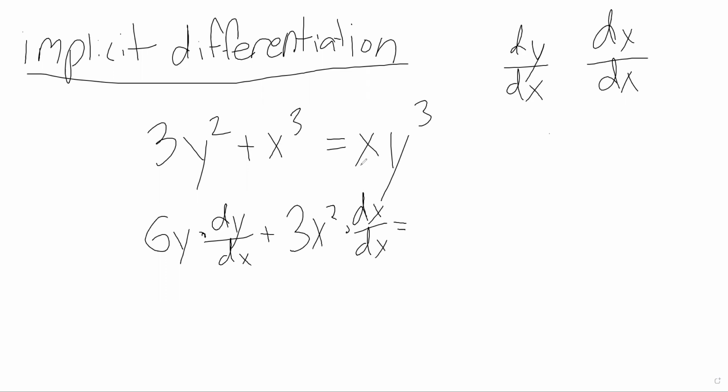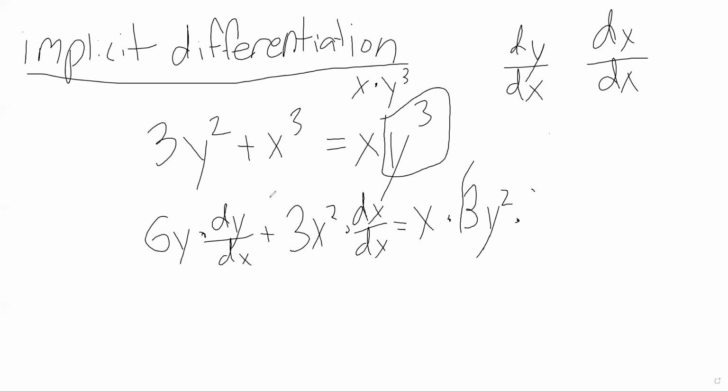So now what are we going to do here where it's xy cubed? Well, you see that that's actually x times y cubed, and that's just a product rule. So we have our first times the derivative of the second. So that would be 3y squared, because we took the derivative of the second, which was y cubed, right?